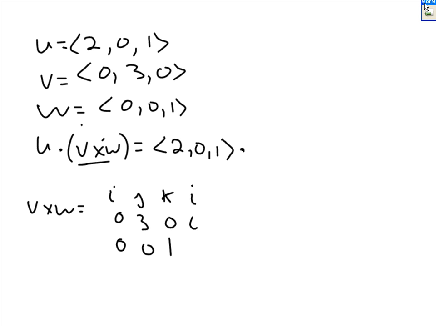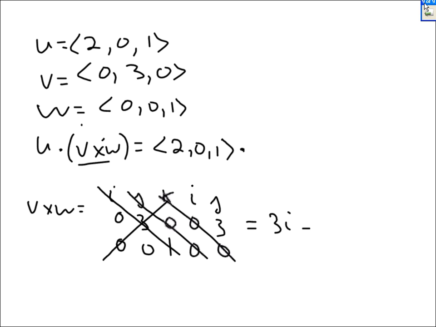We repeat the first column and then the second column. We get 3i plus 0 j's plus 0 k's. I want to write that down. Minus 0 k's plus 0 i's plus 0 j's. It's just 3i. So I have 3 i's, 0 j's, 0 k's.